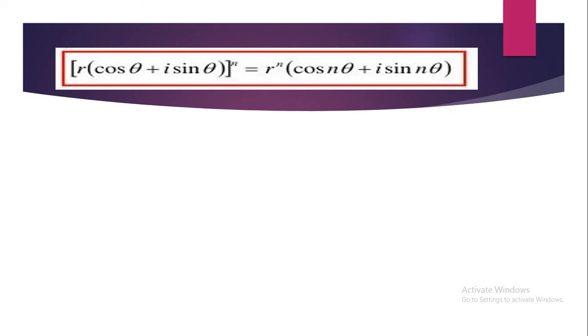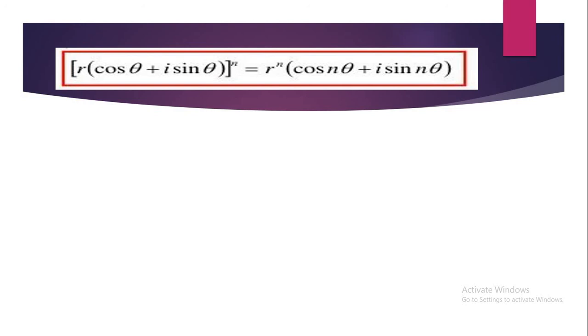So it's equal to r to the power n. So if it's 2, it's going to be r squared. Open bracket cos, because now we were given, if it's 2, cos 2 theta plus i times sine 2 theta. So we multiplied the angle by the exponent 2.